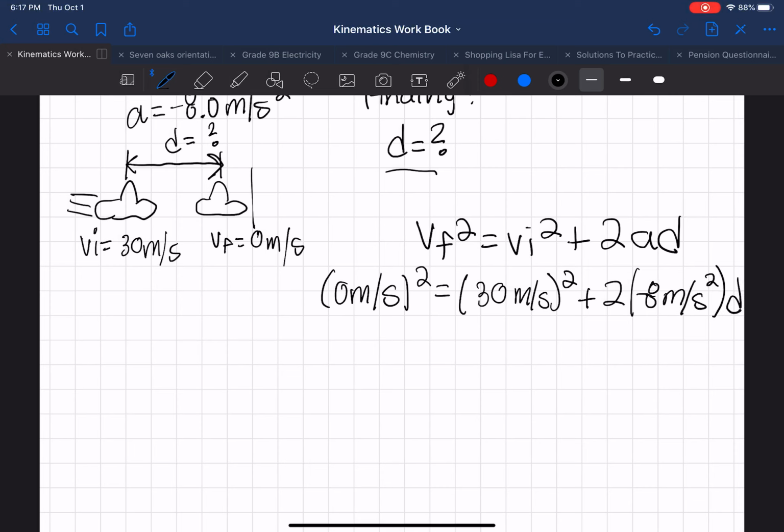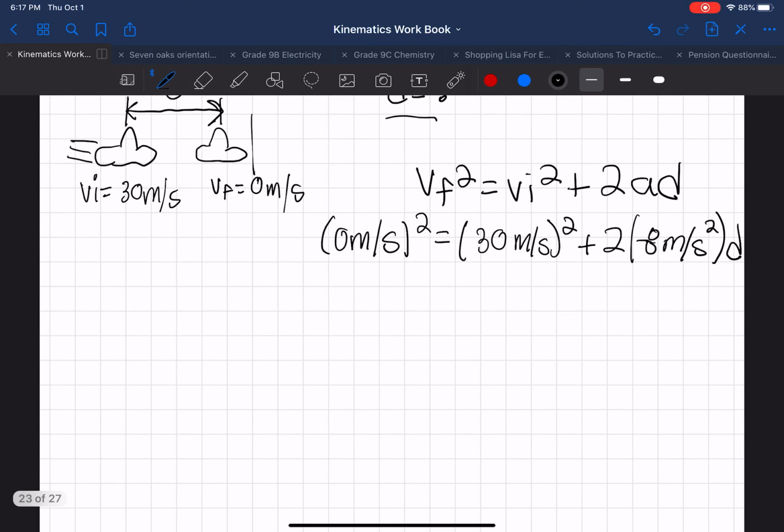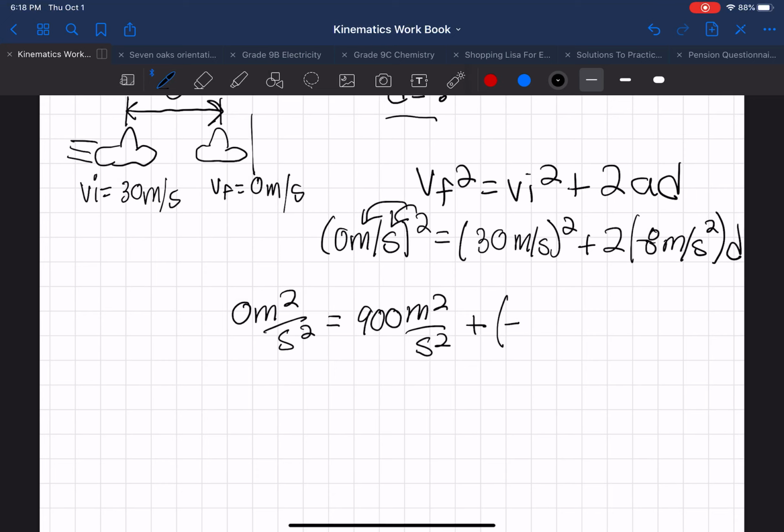I'm going to shuffle over so I have enough room. So this is 0 meters squared over seconds squared because this multiplies over, and then equals 900 meters squared over seconds squared plus negative 16 meters per second squared times D. So we multiplied these two numbers and that's how we got negative 16.